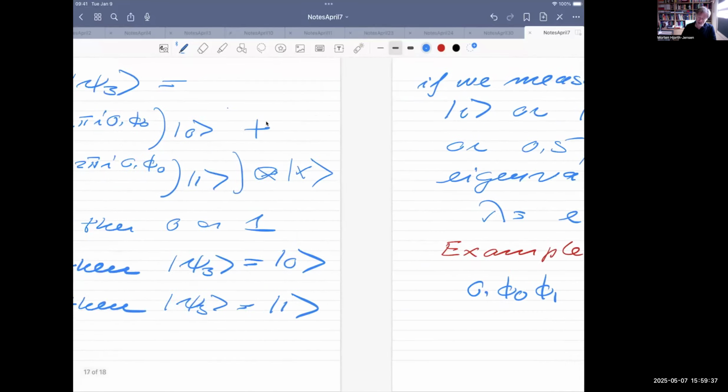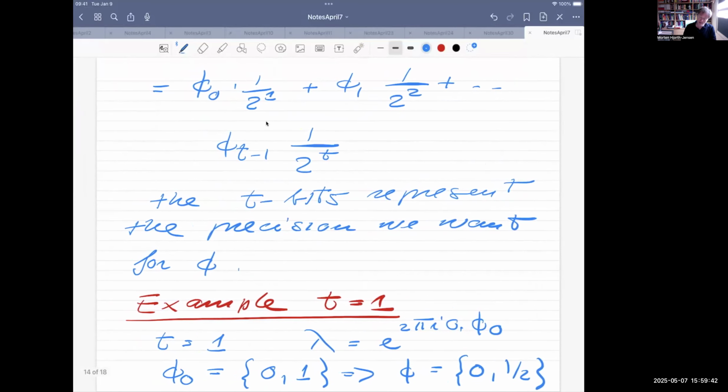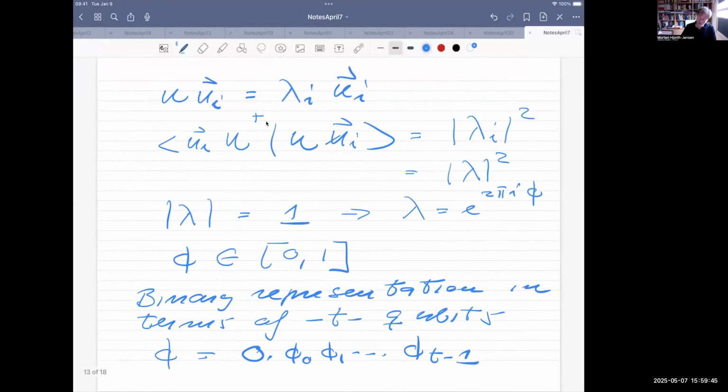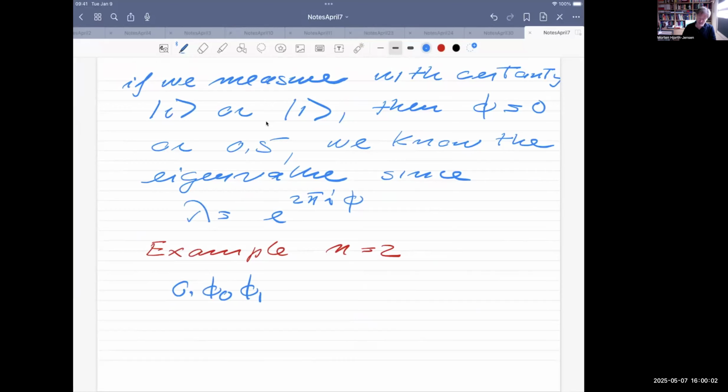If we go back to the recipe which we had and look at this specific recipe here, then these numbers would give us phi 0 multiplied by 1/2, plus phi 1 multiplied with 1/4. So we get a few more possibilities, so we can have a higher precision.